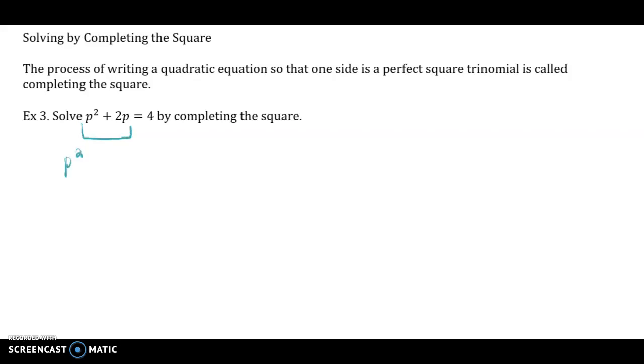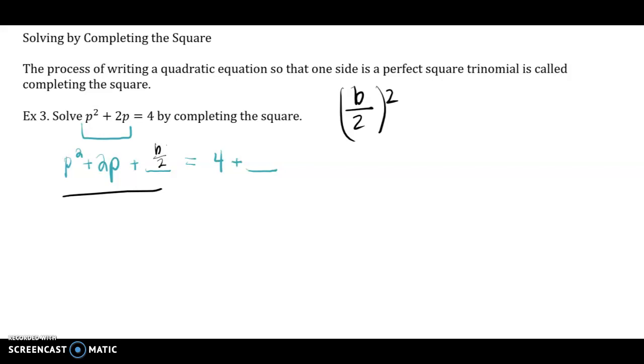So I like to do p squared plus 2p plus blank equals 4. Now what happens when you add one thing to one side? I have to add it to the other side. And in order to make this side a perfect square trinomial, we have to add b over 2 squared to both sides.